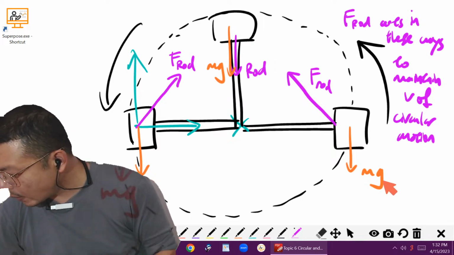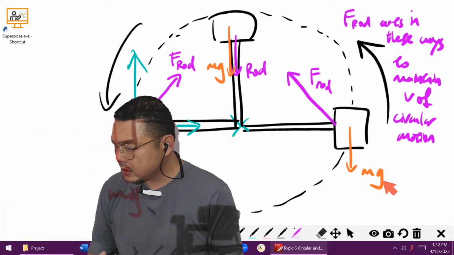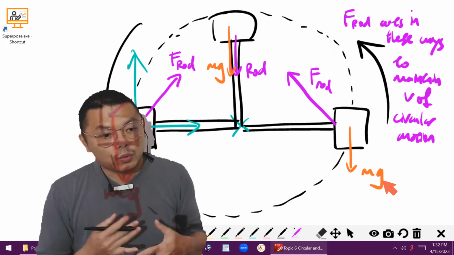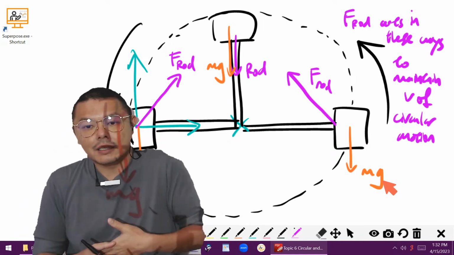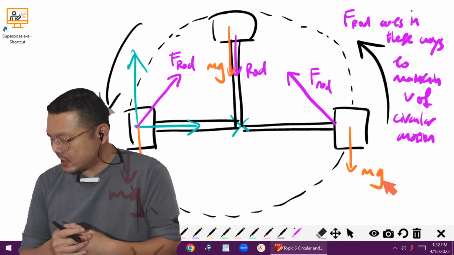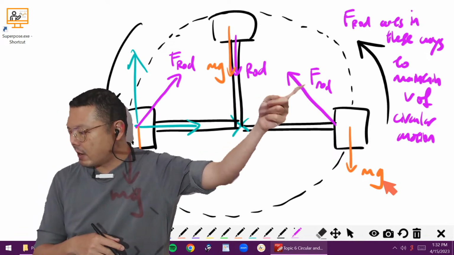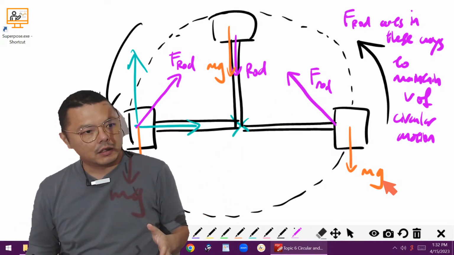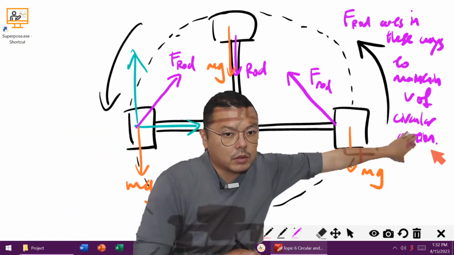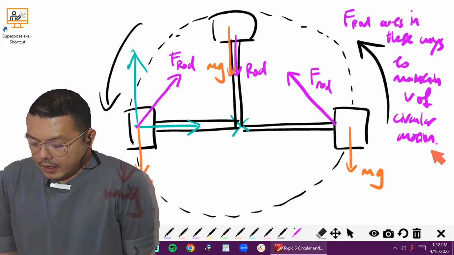Then the question is why? Because you want to maintain the speed. It's a matter of choice. So the idea is that if you want to maintain the speed, then the force by the rod acting on the mass must act like that.